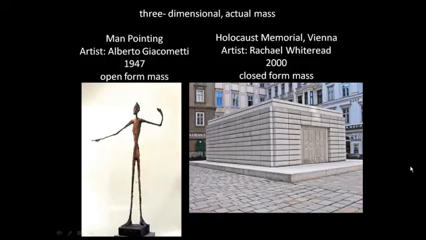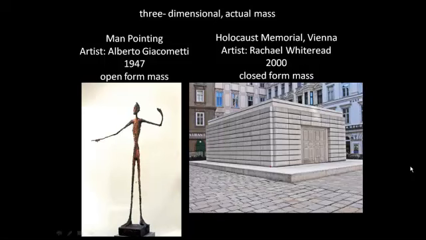Now, in this class, we are going to look pretty much exclusively at three-dimensional artwork. Painting was not really a common artistic practice in the ancient world. Of course, there are exceptions, but we are not going to see very many of them. So this is why I'm really focusing on three-dimensional expressions of mass, more so than two-dimensional expressions.